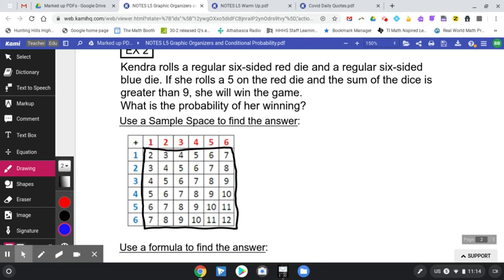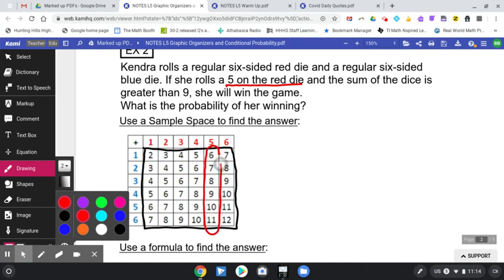So let's take a look at what rolls in our chart would actually have her winning. She has to have a 5 on the red die, so all of these rolls result from a 5 on the red die. And the sum of the dice is greater than 9.